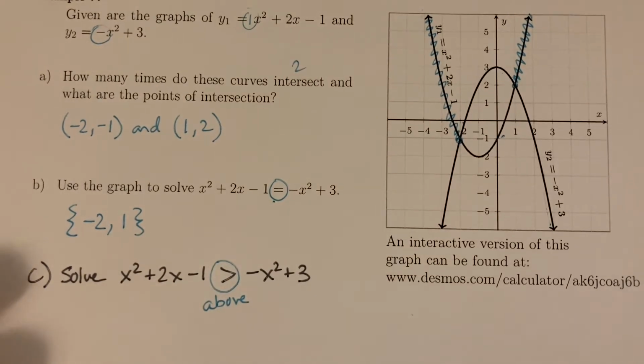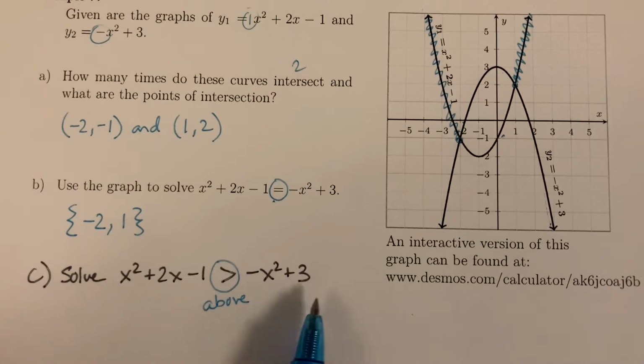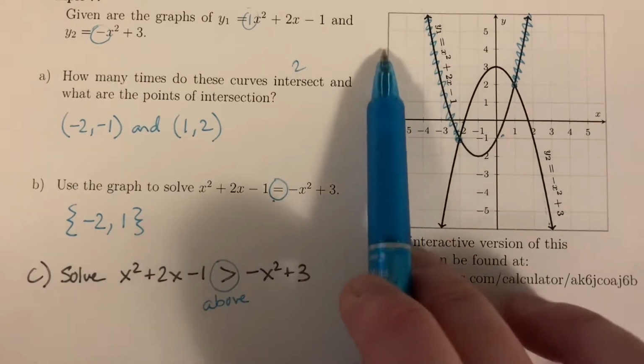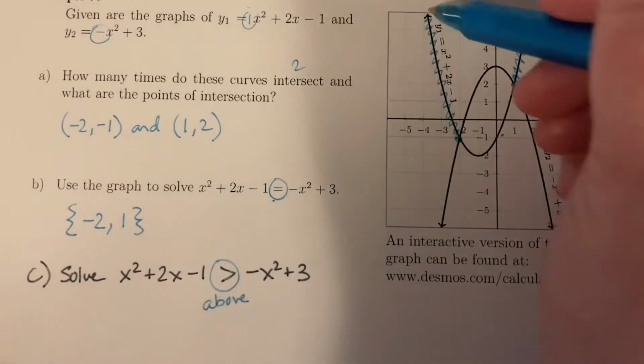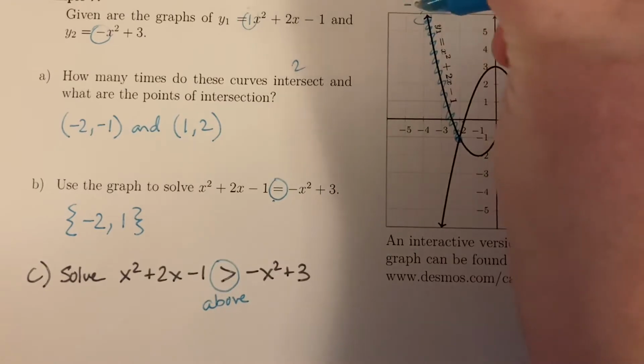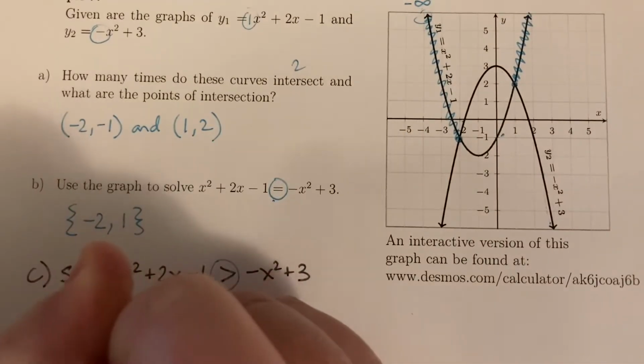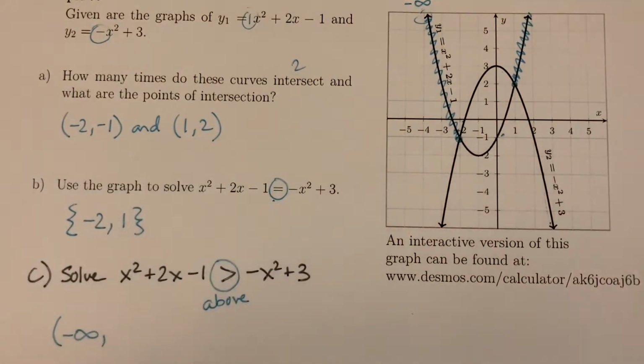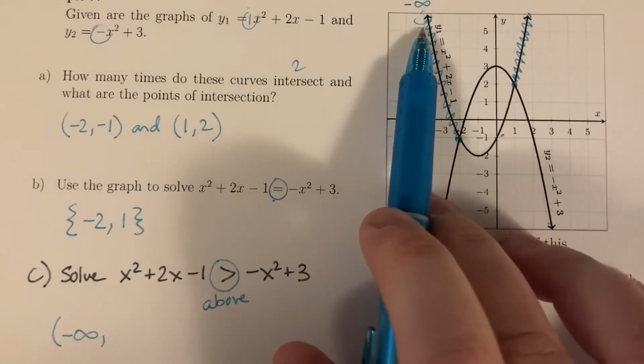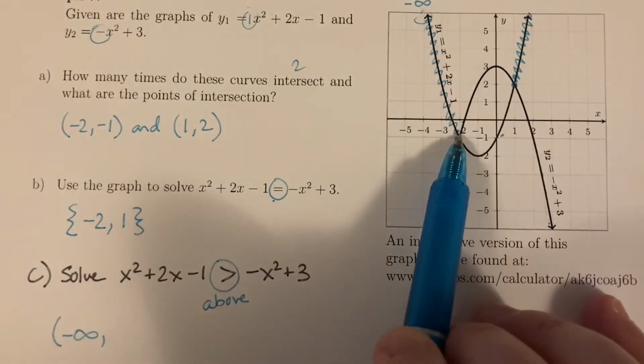So now we just have to figure out how to write that in terms of an interval, because we're still talking about what x values make this true. So the x values that make this true go all the way to negative infinity. That's what this arrow over here means, negative infinity. And we always put a parenthesis on negative infinity. And then we keep going right to here.